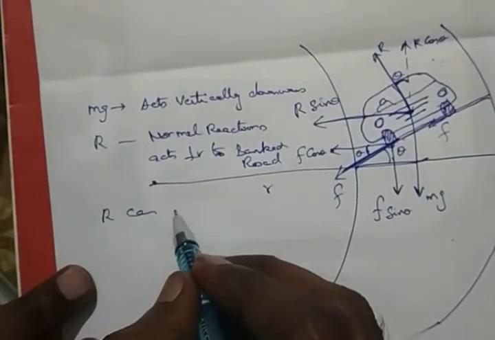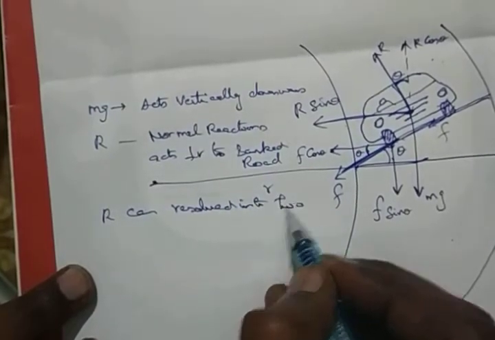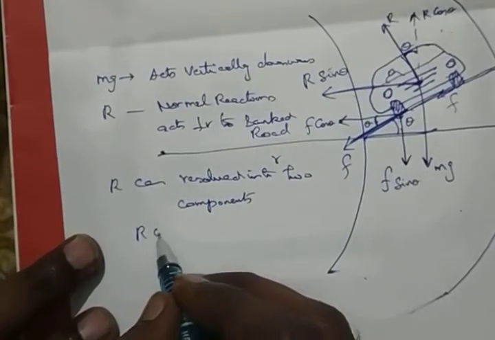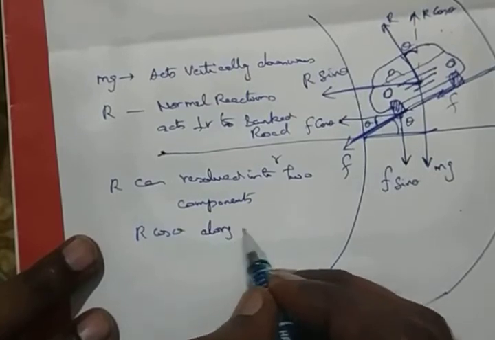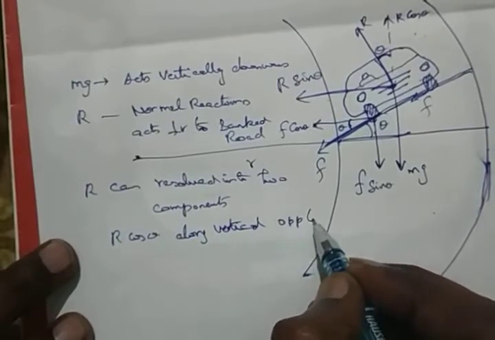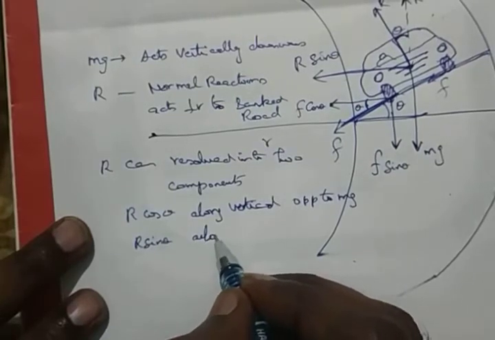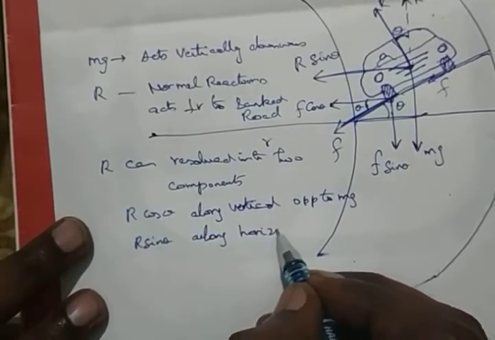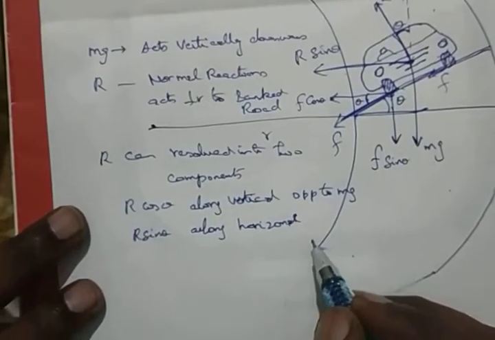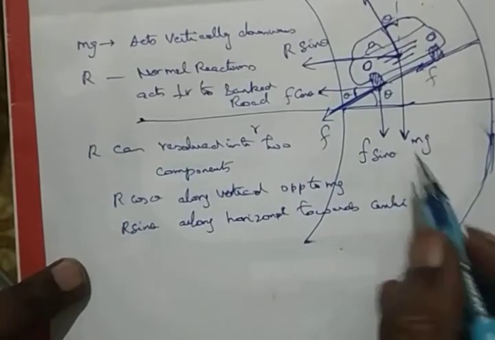R can be resolved into two components: R cos theta along vertical, opposite to mg, and R sin theta along horizontal, towards the center. R sin theta is towards the center.